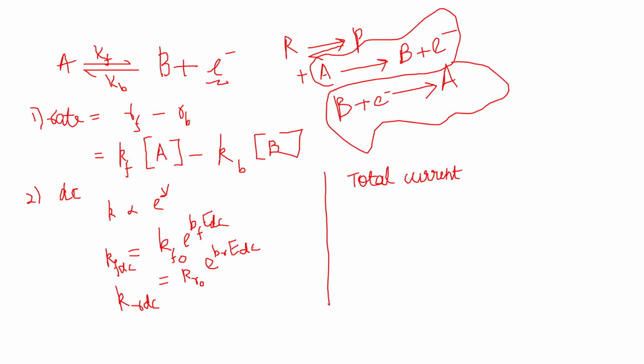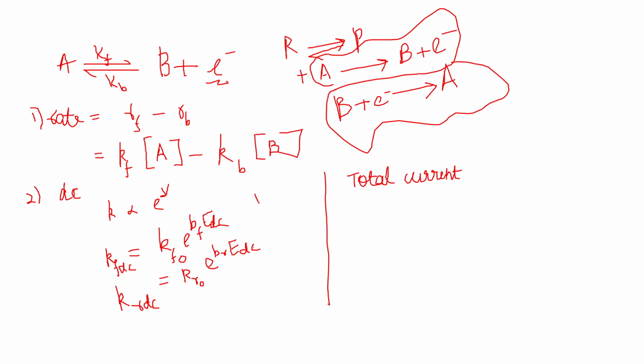So why is F naught mentioned? What is the reason for keeping that naught? Can we not directly put KF then e raised to BF?